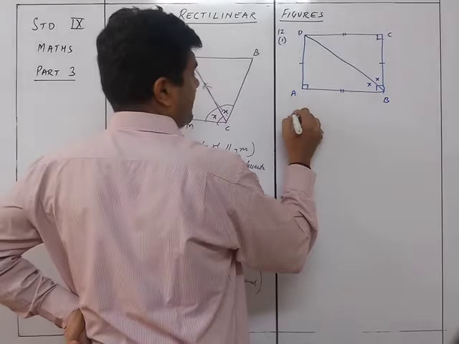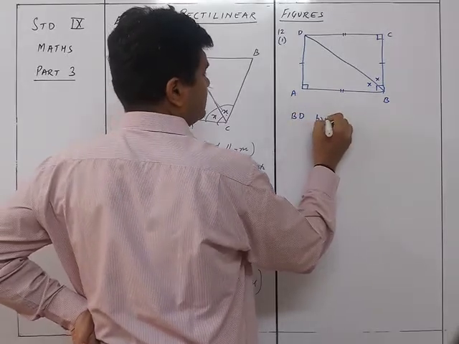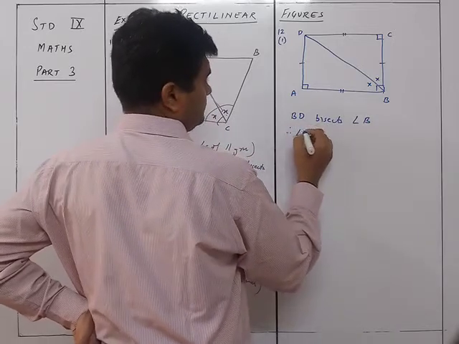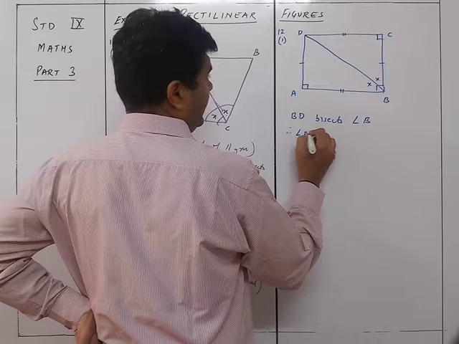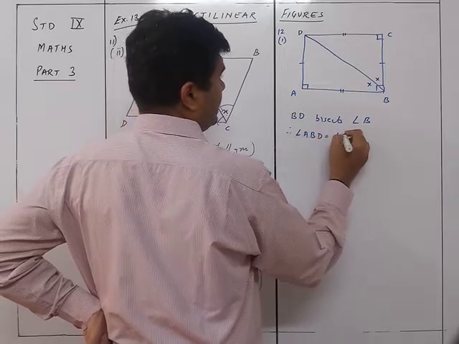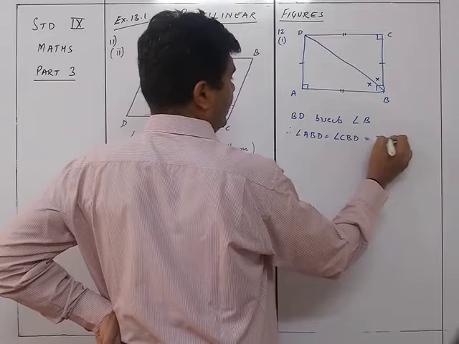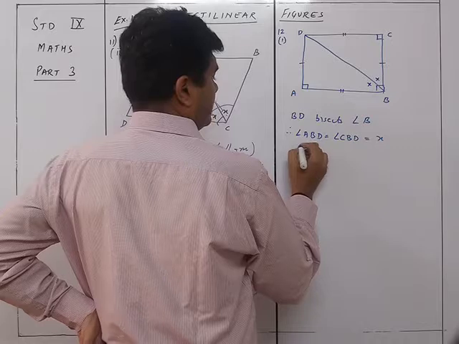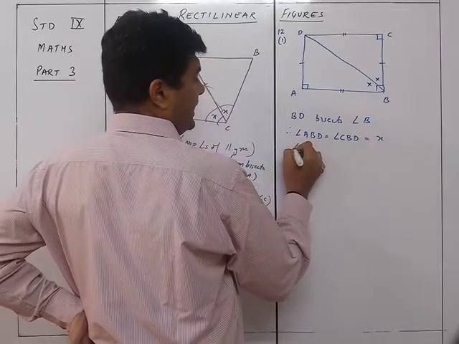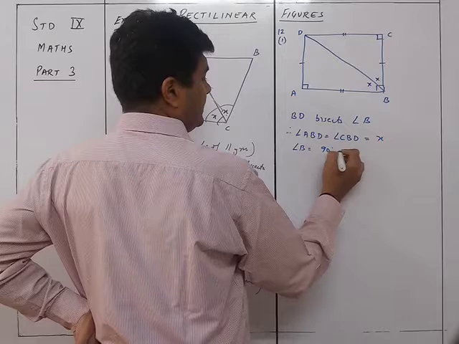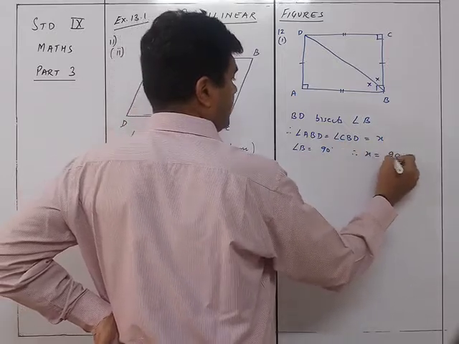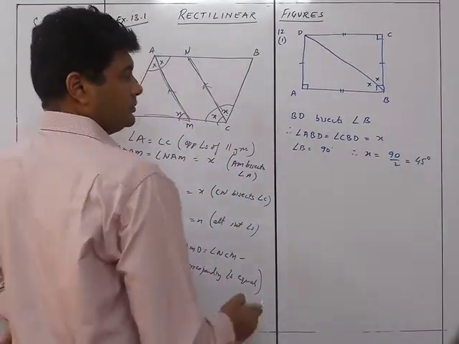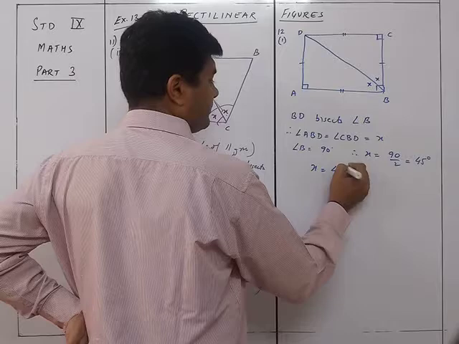We are given that BD bisects angle B. Therefore, angle ABD is equal to angle CBD is equal to x. And because angle B is equal to 90 degrees, therefore x is equal to 90 upon 2 is equal to 45 degrees. Okay, so x is equal to 45 degrees.